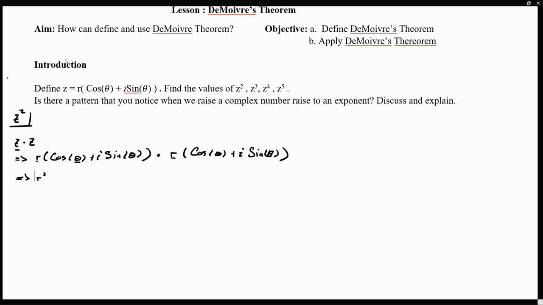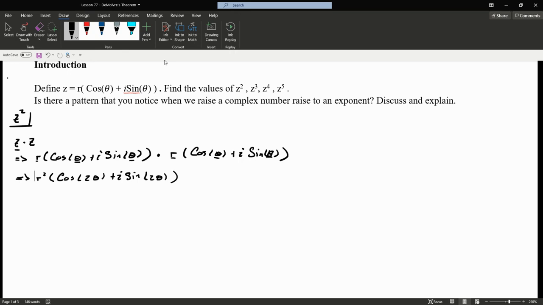So theta plus theta is just 2 theta, both in the cosine and the sine. This is the result for z to the second: r to the second times cosine of 2 theta plus i sine of 2 theta. So we have properly identified what z to the second is.